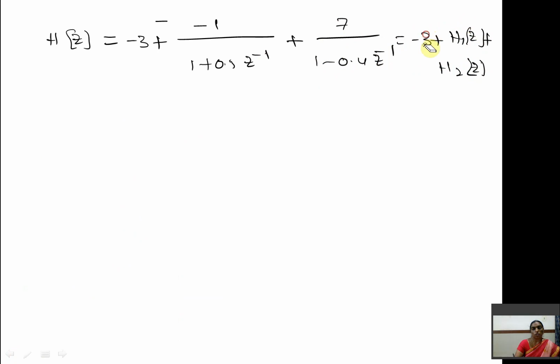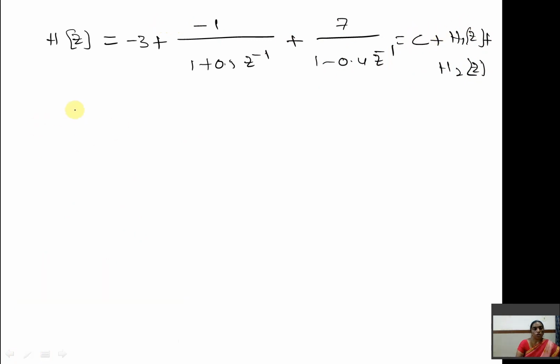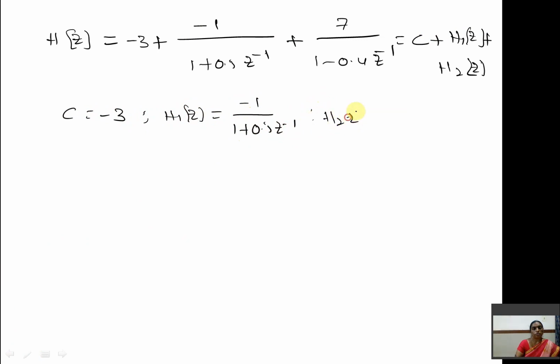What is that? Constant. So here constant is minus 3, H1 of z is minus 1 by 1 plus 0.5 z inverse, then H2 of z is 7 by 1 minus 0.4 z inverse.